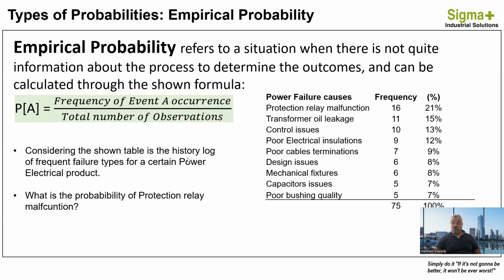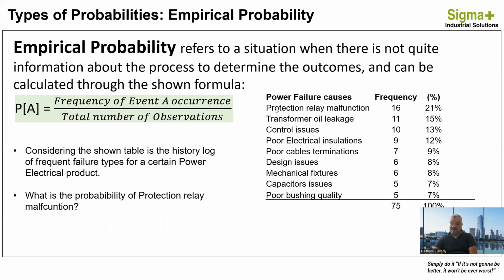So consider the shown table, a history log of frequent failure types for a certain power electrical product. What's the probability of the protection relay malfunction? If we look at that table, this is a history log of the different failures that have occurred over a certain period of time, like last year or the last 6 months.